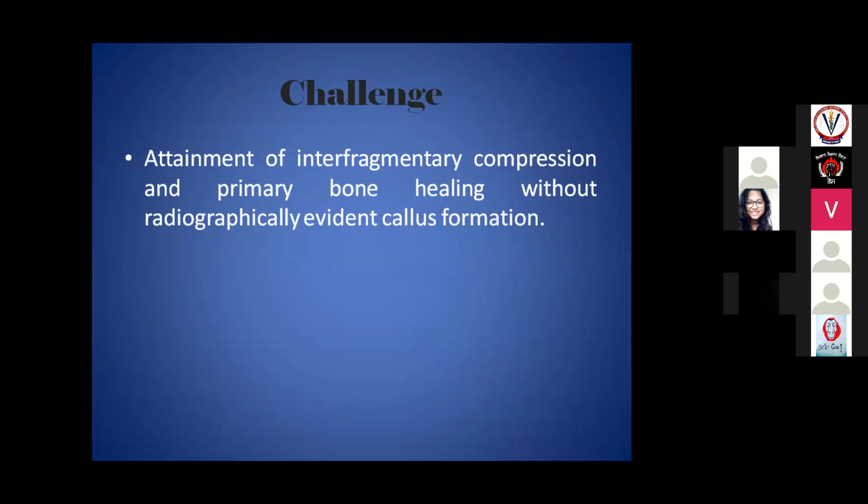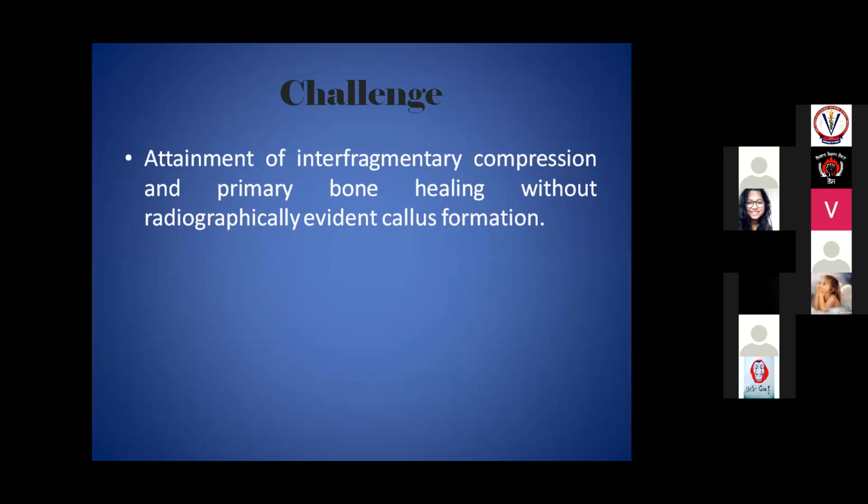Primary healing means the bone heals without formation of extra callus at the fracture site, without radiographic evidence of callus. That was the thought in those days. So people used to do a very rigid fixation at the fracture site. When you see a radiograph, the bone will be healed, but there is no visible callus at the fracture site. That was the idea in those days.